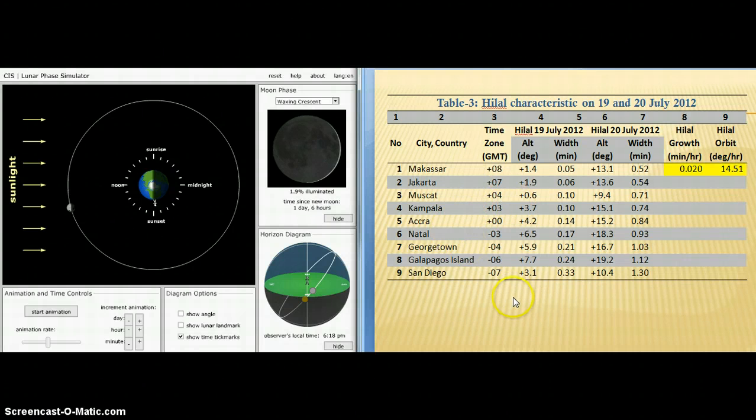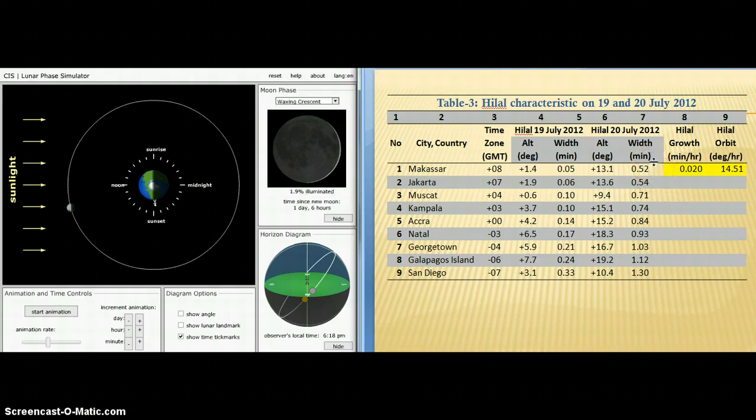1. At sunset of July 19, 2012, the altitude of the crescent in Makassar will be positive 1.4 degrees, while the crescent thickness will be 0.05 minutes. 2. At the next sunset on July 20, 2012, the altitude of the crescent in Makassar will be 13.1 degrees, while the thickness of the crescent will be 0.52 minutes.